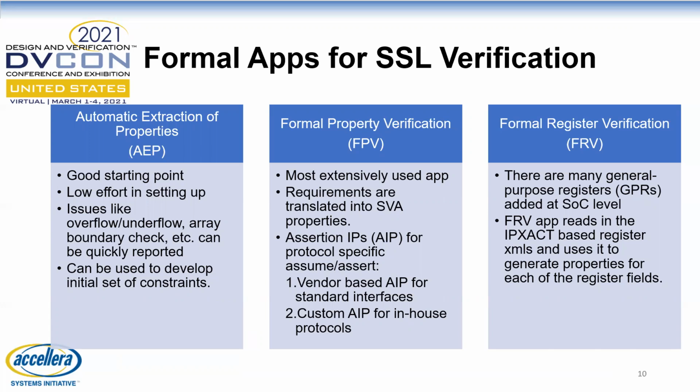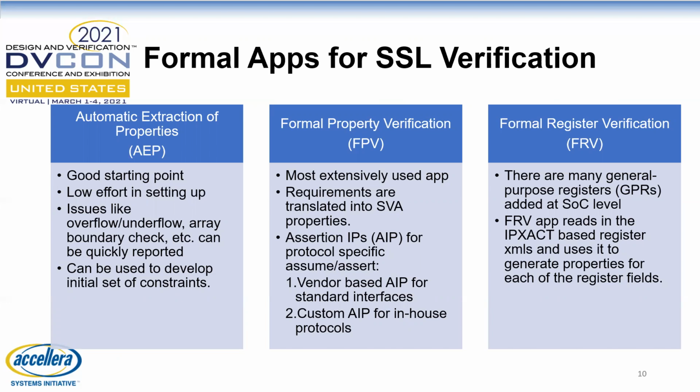So then we have the formal property verification, or the FPV app, which does the major part of verification. So I mean, this is the most extensively used app in general for formal. The requirements of the SSL, which come either as part of some spec or in some other format from the designers or the architects, are translated into properties by the verification engineers.